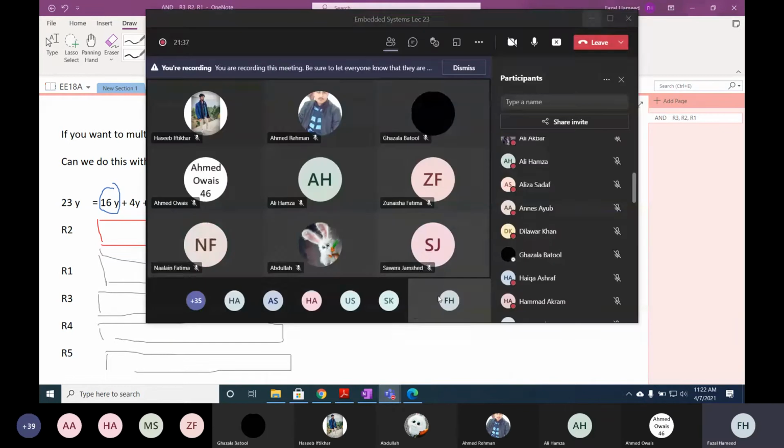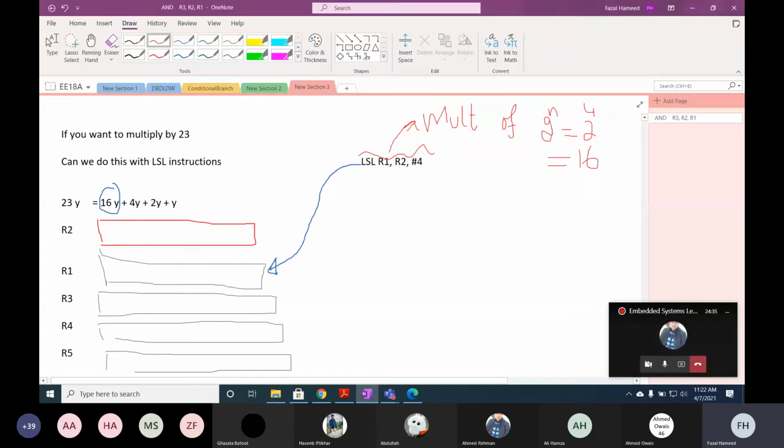You are all asleep. What will be the value of R1? It's so simple. Why 2 to the power 0? Sir, I am shifting by 4 places, so it will be 16 because it shifts in there. 16 zeros will come.